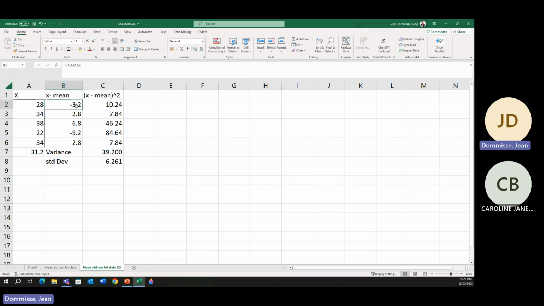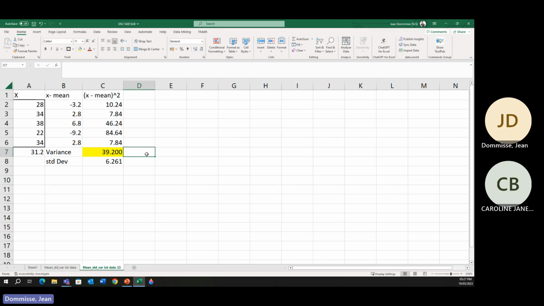I will get that to the power of 2. I need to do it for all 5 of them. Then I need to basically sum it. That will give me the variance if I sum it divided by n minus 1. Standard deviation is just the square root of that.